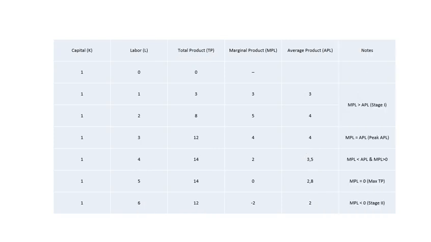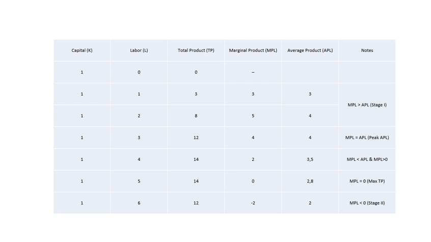Now, by analyzing the relationship between APL and MPL, we can distinguish 3 different stages of production and 2 critical points.